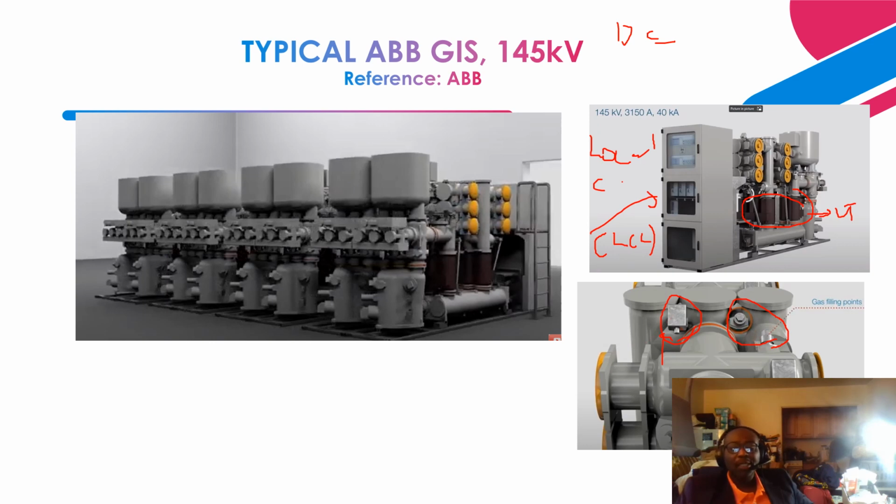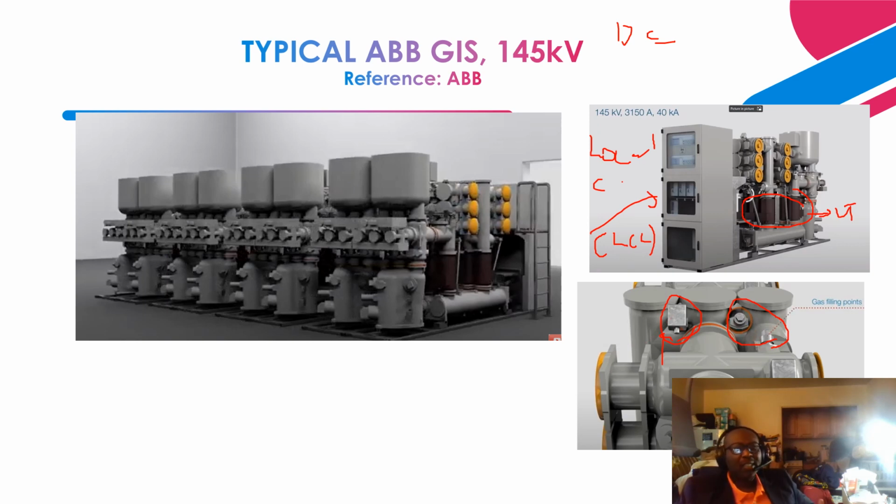This one is just a single bay, right? As I indicated, a complete GIS lineup has multiple bays. Let's say this one is 1, 2, 3, 4, 5, 6, right? You can have multiple bays that are tied together.